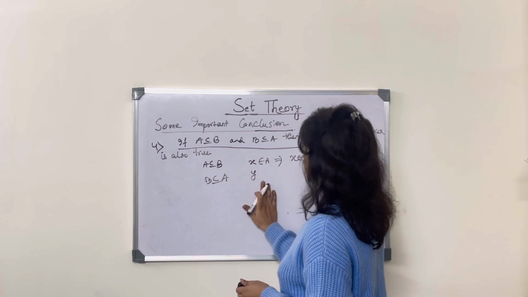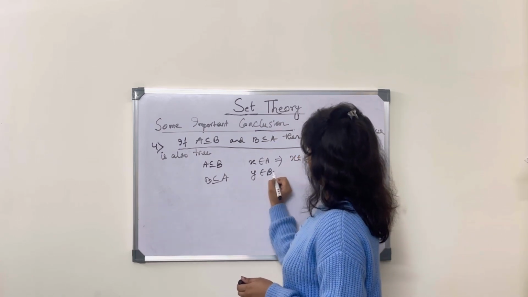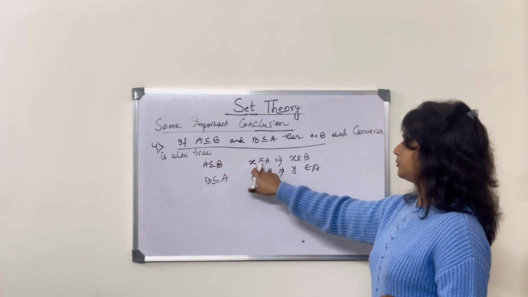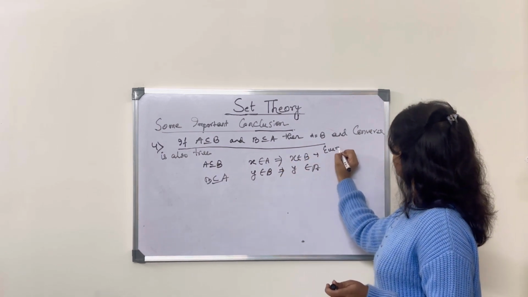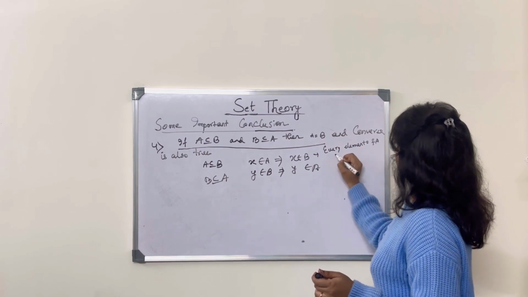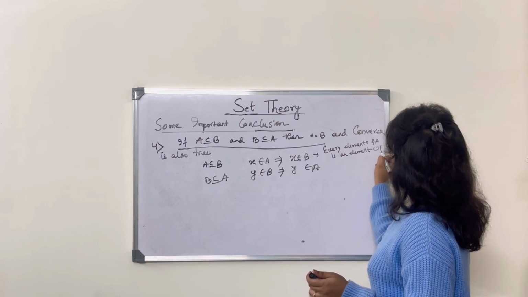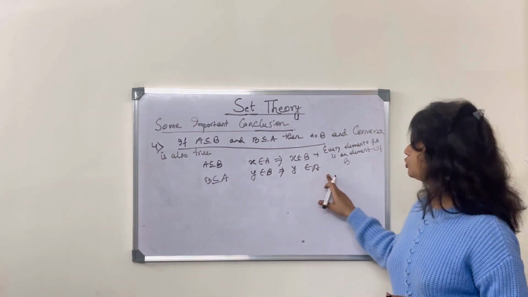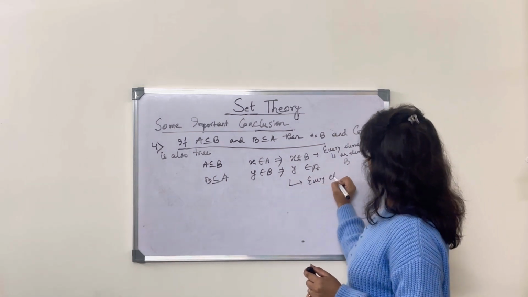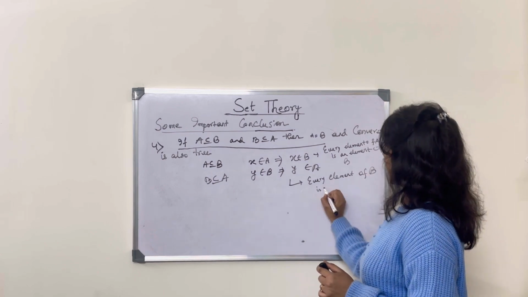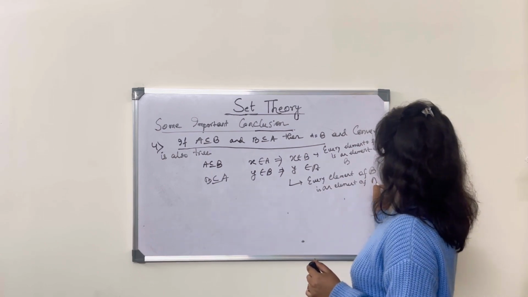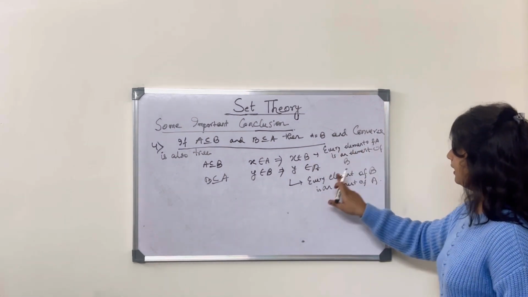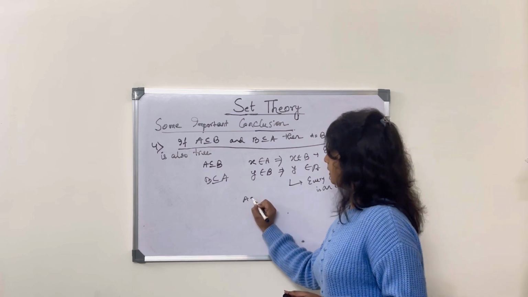If y is an arbitrarily chosen element from the set B, then y belongs to B implies y belongs to A. Now, x belongs to A implies x belongs to B. This means every element of A is an element of B. And y belongs to B implies y belongs to A, so every element of B is an element of A. Here x and y are arbitrarily chosen elements. So every element of A is an element of B and every element of B is an element of A. Therefore A and B are two equal sets.